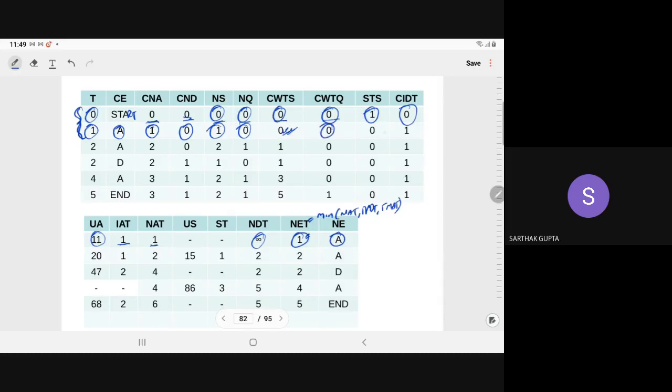Then the state of server, because there is an arrival, will become busy. Now CIDT means old CIDT plus old server state, that is 1, into difference of time, means 1 into 1 minus 0, that is 1.